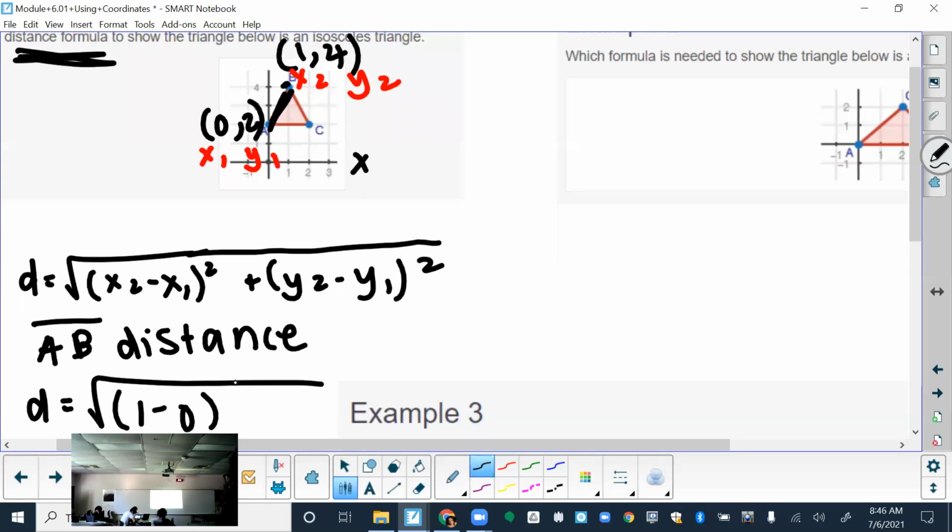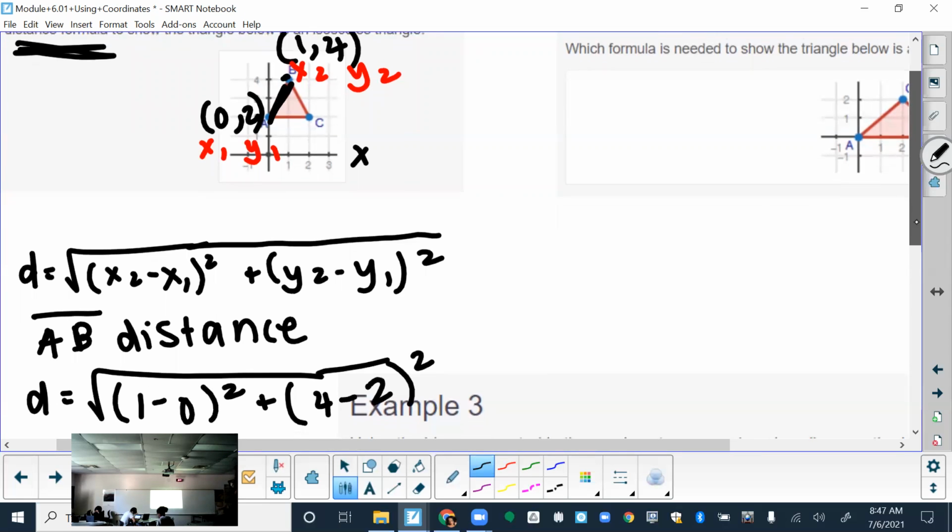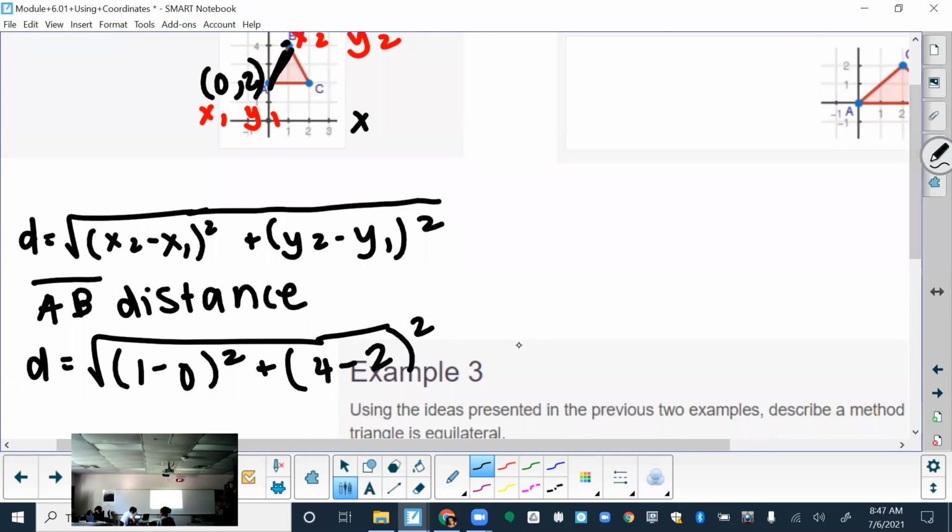Then fill in the formula exactly how it looks. Over here, what's my Y2? 4, and then minus Y1, which is a 2. So if you don't have this labeled on your picture, you should probably label it. And then it looks like this plugged into the formula.